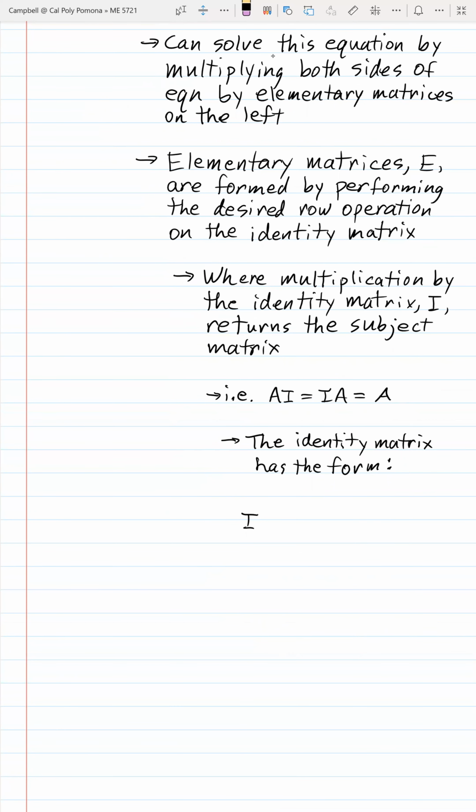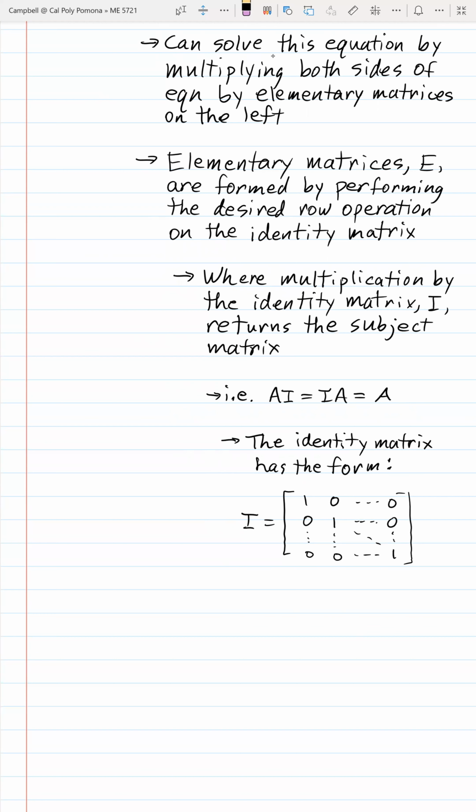I is equal to 1, 0, 0, 1, then zeros all the way on out, zeros, zeros, all the way over to our last entry, which is a 1. So clearly we have zeros everywhere except on the diagonal, and then the diagonal has all ones.